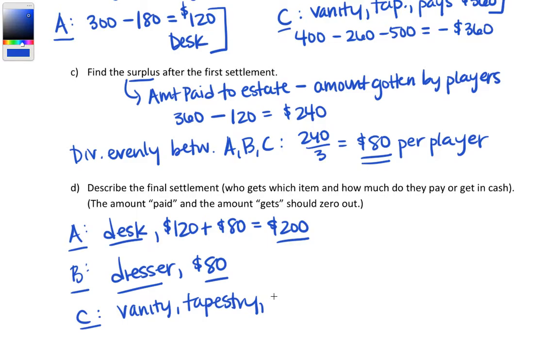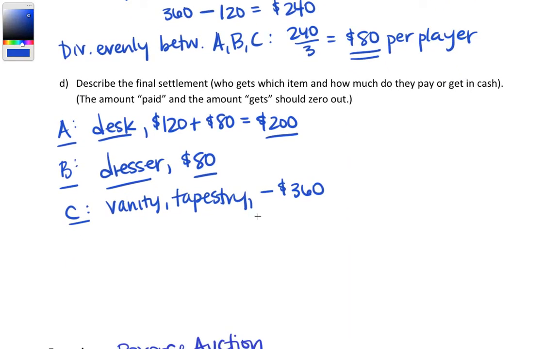And she paid $360. So we can view that as negative $360. Okay, and then she gets that $80. Well, the $360 she paid plus that $80 is going to offset it just a little bit, and that ends up being negative $280.